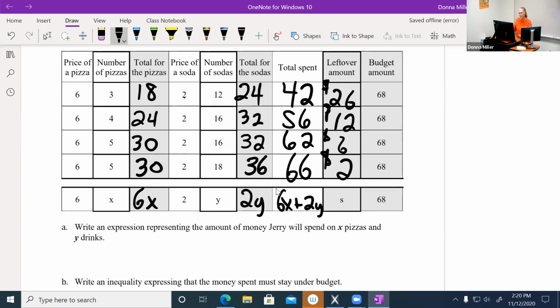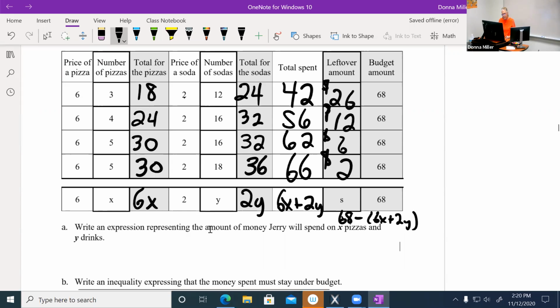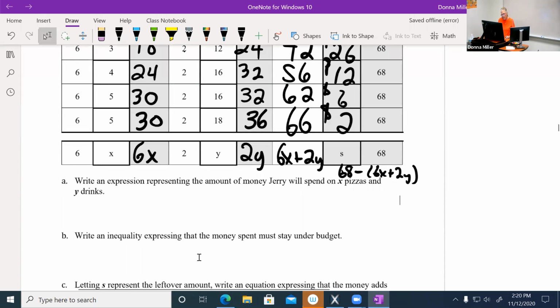And whatever I have left over after I spent it, 68 minus that, is what they call the slack variable. To find my leftovers, I'd do 68 minus (6X plus 2Y). Just to mention that, not that you do it. You don't do that in simplex. So understand the slack variable is the leftovers.